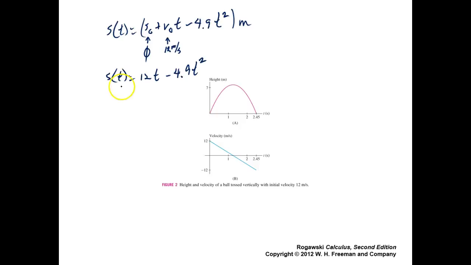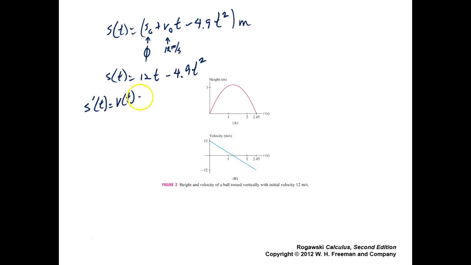Okay, S prime of t is the same as what? What is S prime of t? The first derivative of displacement is physics now. Think physics. The time rate of change of displacement is velocity.